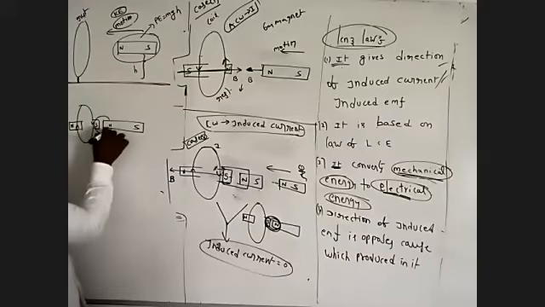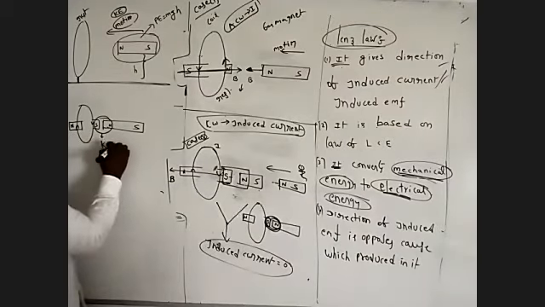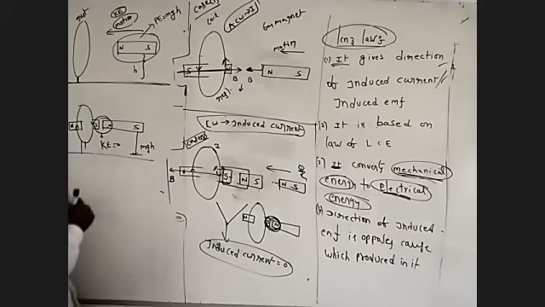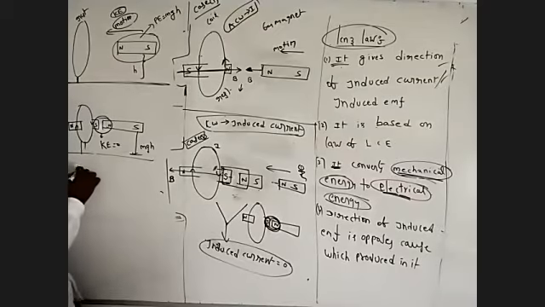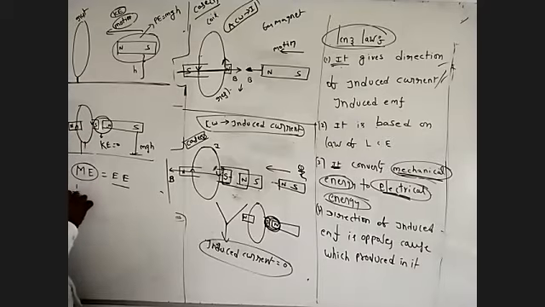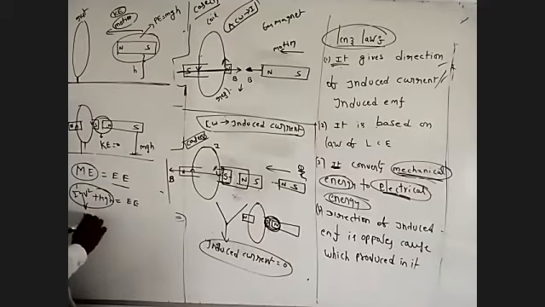The south pole and north pole attract each other, so kinetic energy is equal to zero, but there is potential energy. You see the situation: mechanical energy, kinetic energy zero plus mgh, is equal to electrical energy. Here the electrical energy is also zero.